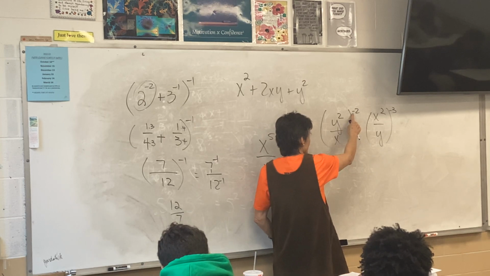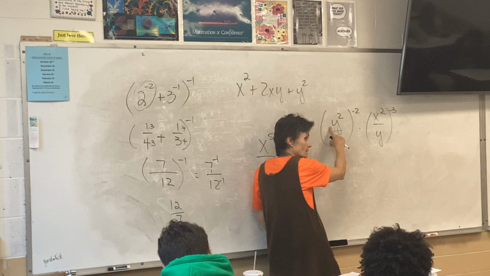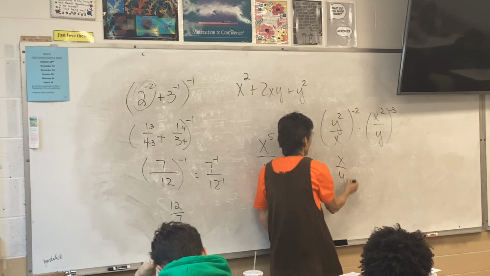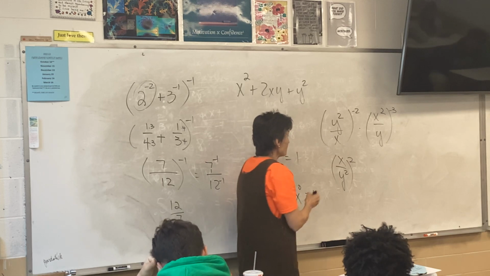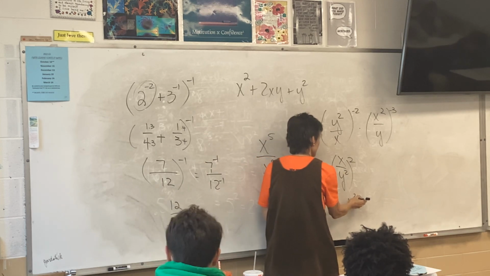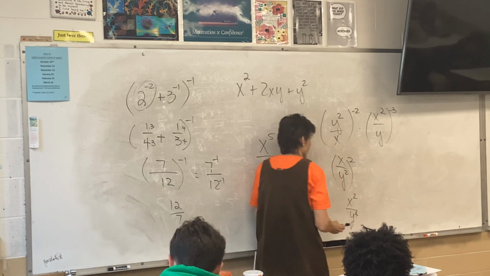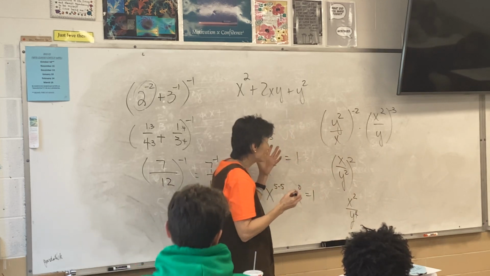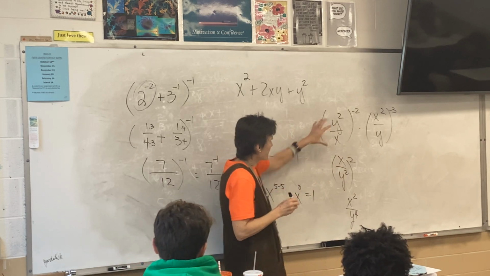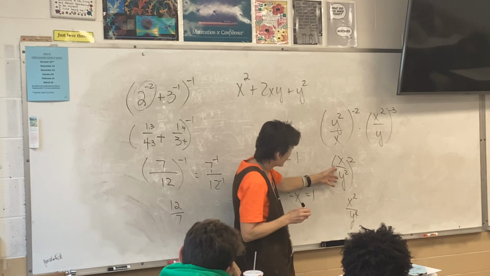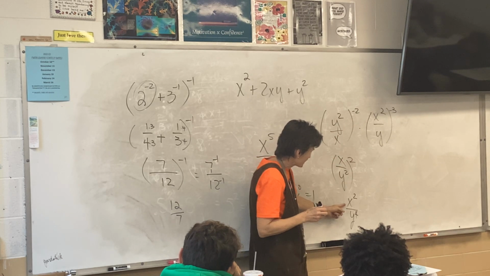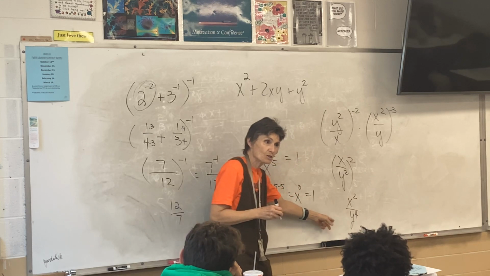When I see that negative exponent on a fraction, first thing I want to do is turn it over. That's what I want to do. And then I'll square everything. Now, you guys are really smart, so you can probably do that all at once. I do it in 2 steps. I take care of the negative first, flip it over, and then take everything to the second power. Does that make sense to you?